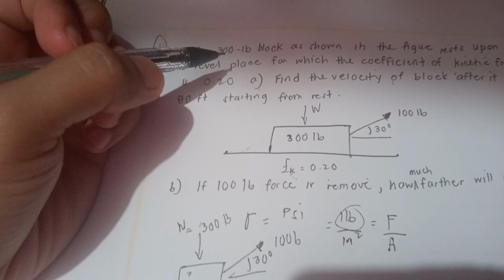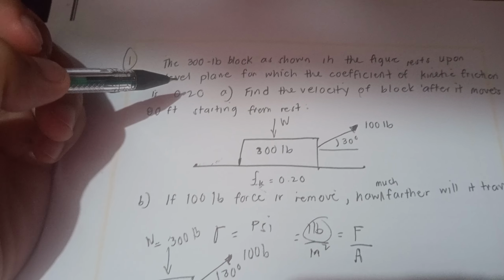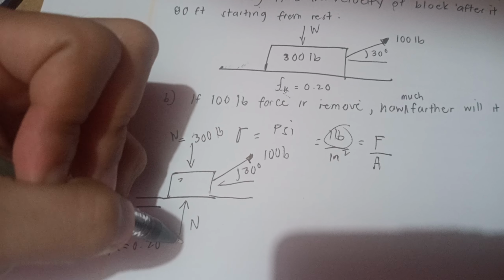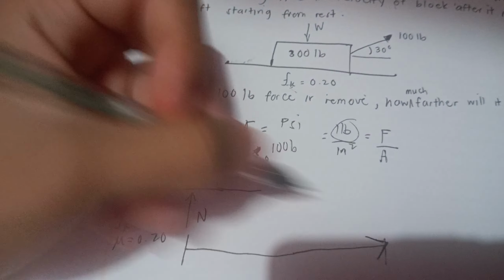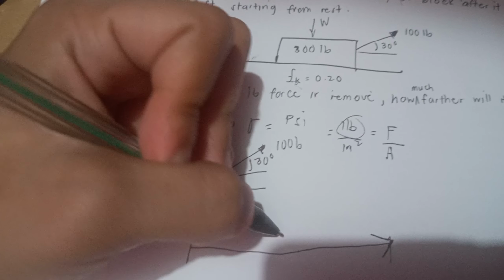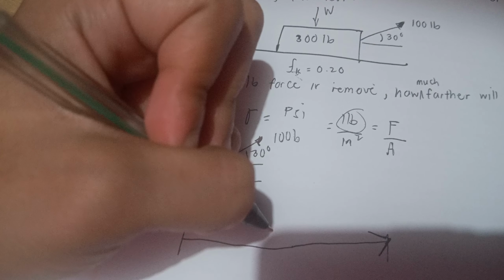Sabi kasi dito, find the velocity of the block after it moves 80 feet starting from rest. Ibig sabihin, aabot siya dyan, pag ganyan yung direction ng move niya, from 0 to 80 feet. So, ang distance na to is 80 feet.